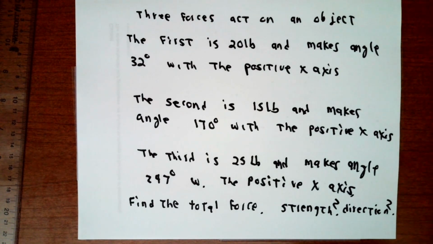I want to find the total force. I want to find the sum of these 3 forces. I want to find its direction. I want to find its magnitude also. Another name for the total force is the resultant force.